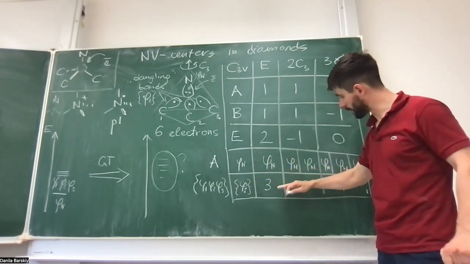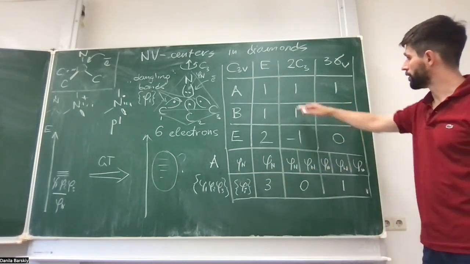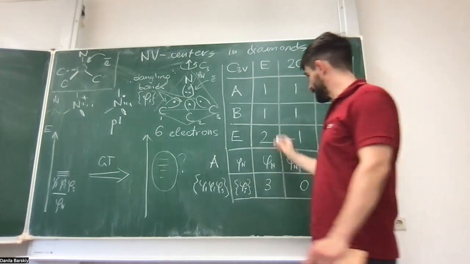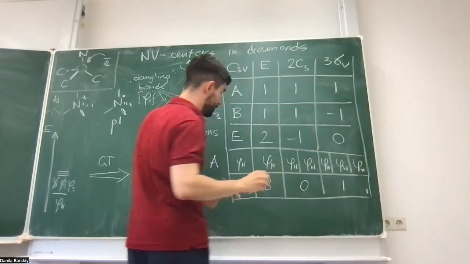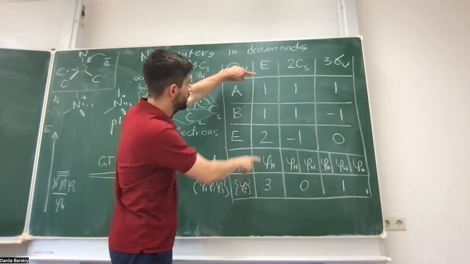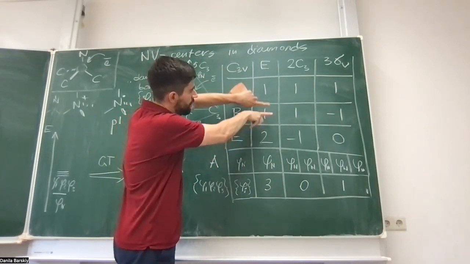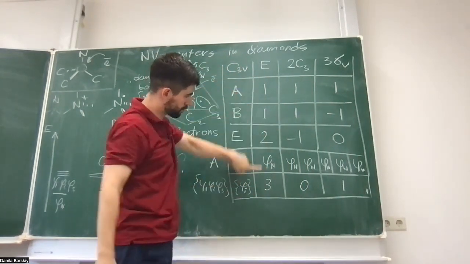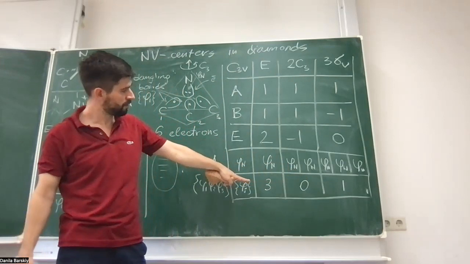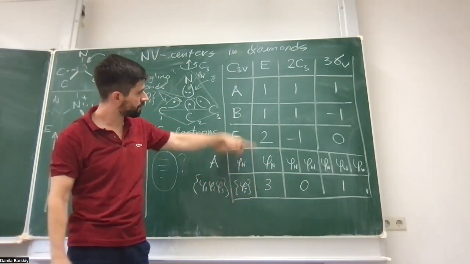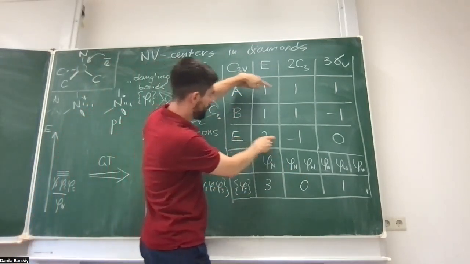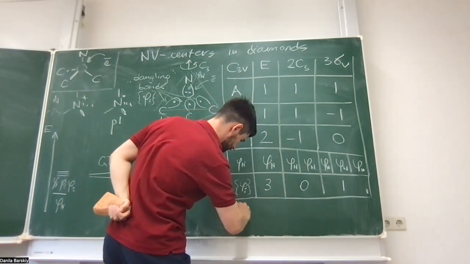Now we can decompose this line into lines corresponding to irreducible representations. Do you see clearly how to sum up any of these rows to achieve this row? How can we do this? E and A. Nice.